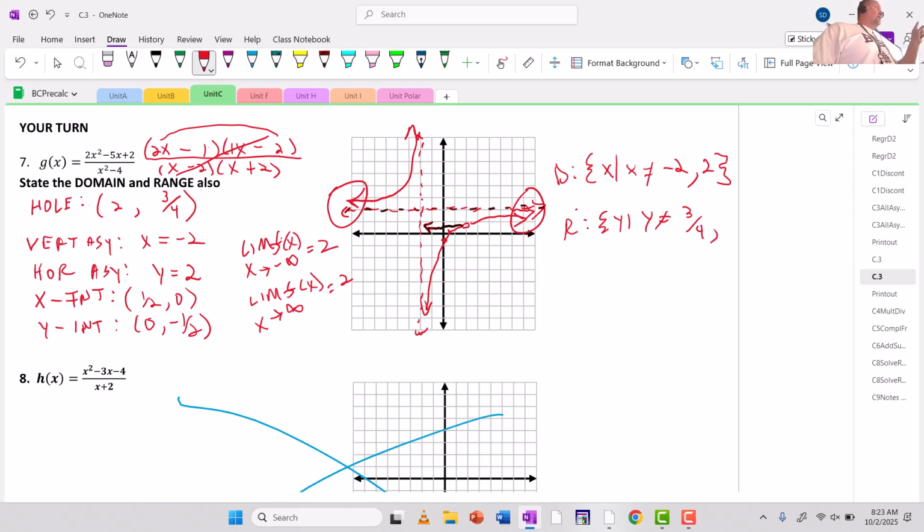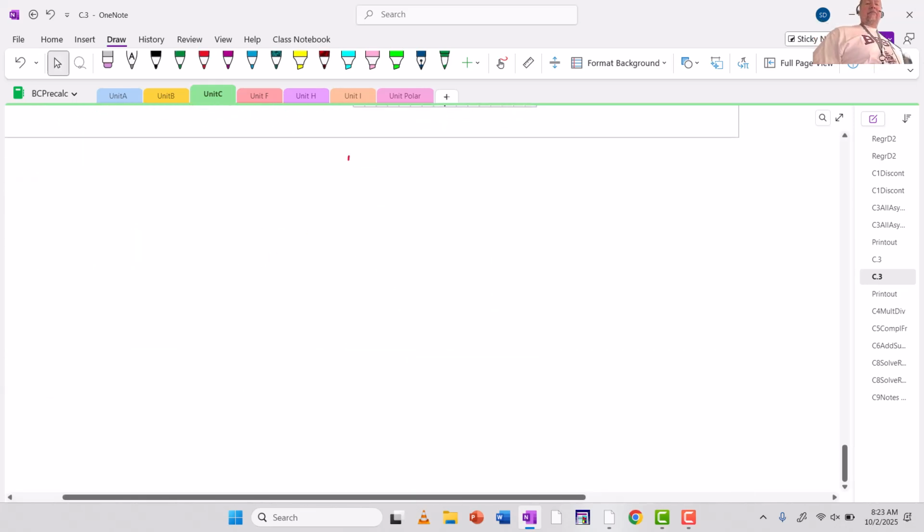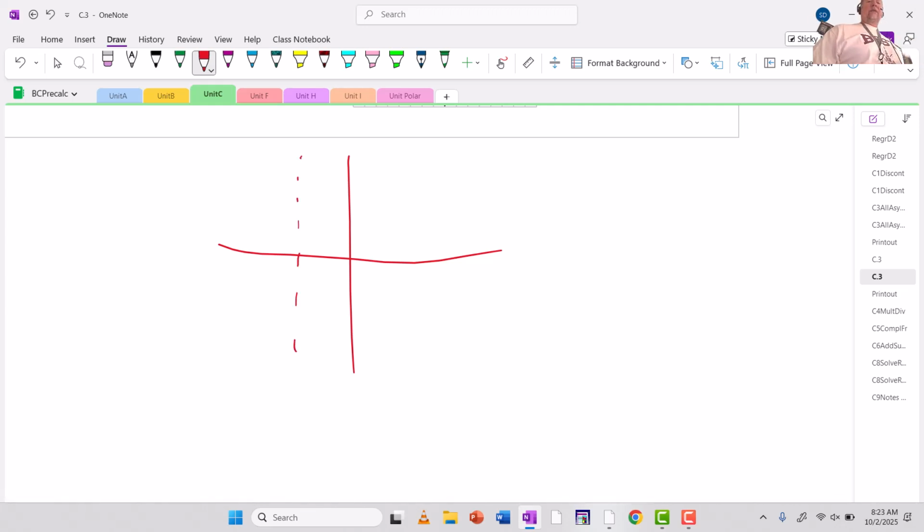Now, I will mention this. Sometimes the horizontal asymptote can be covered in the middle. I'm going to give you an example of that. A lot of times when you have two vertical asymptotes and a horizontal, it'll be up here, but then in the middle, it goes like this. Now, if that goes like this, what is the range?